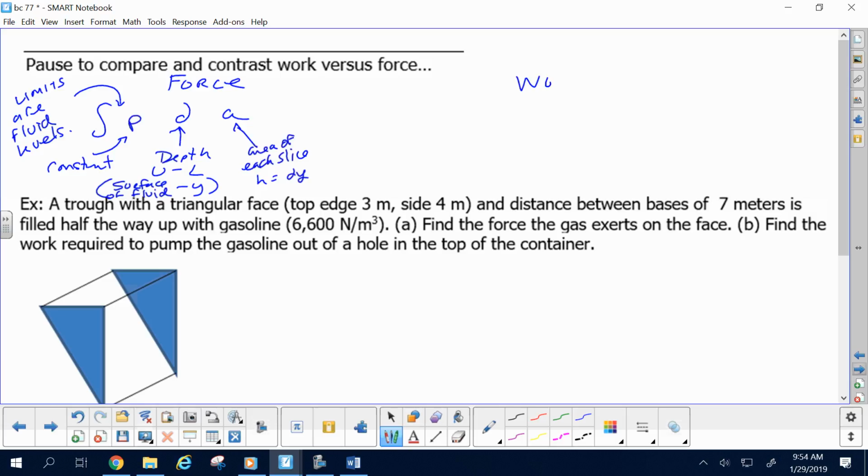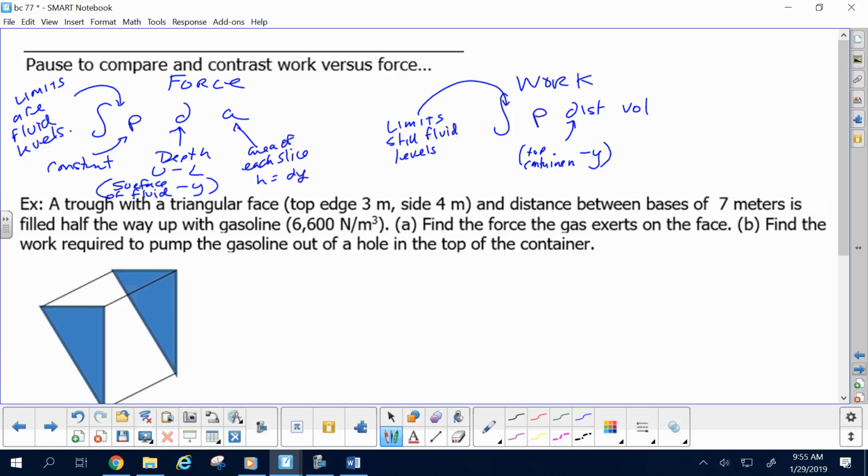For work, it's rho times distance times volume. The limits are still fluid levels, not container levels. You're still saying, where is the fluid I'm pumping out? The containers are a non-issue, right? The rho is a constant. D, this is distance. This is the top of the container minus y, not the top of the fluid minus y.